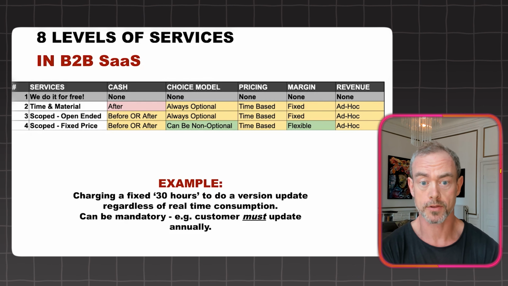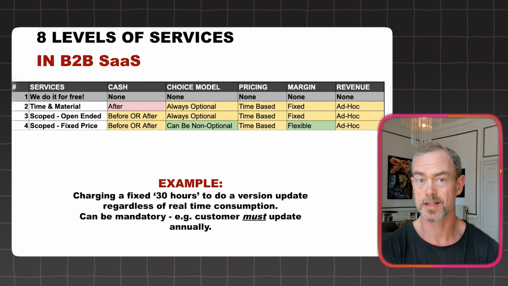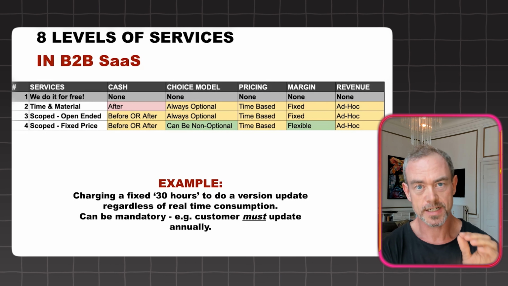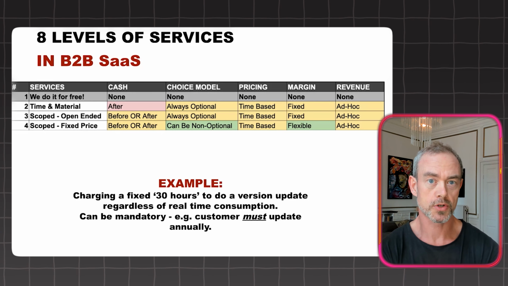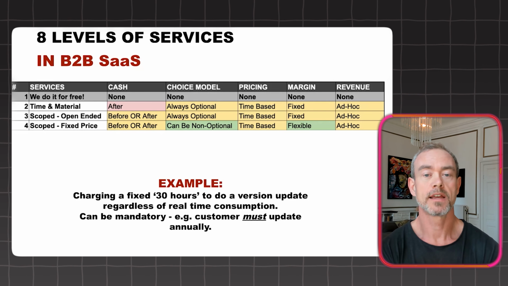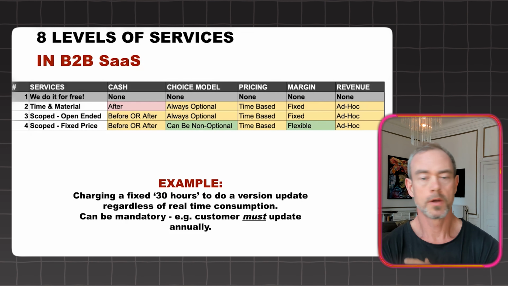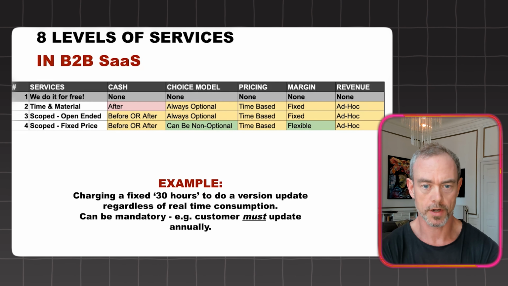It's not going to be more or less than 30. So the price is now known before the fact, which means that it can be charged in advance. With this, because it is fixed, hence known, you can actually make it non-optional for the customer. Let's say every year you must update the version, or every year you must have this training session for your people, or every year, whatever it is.